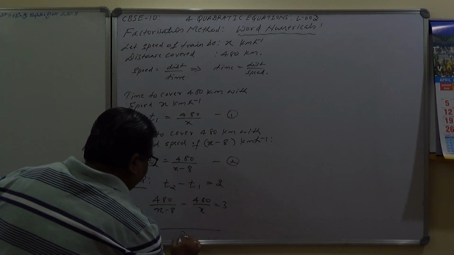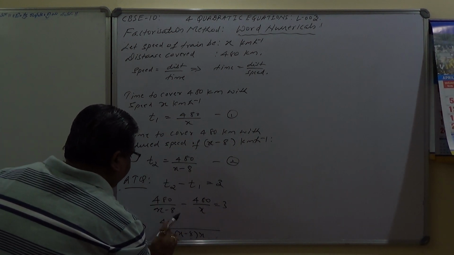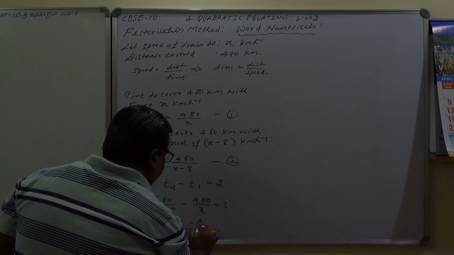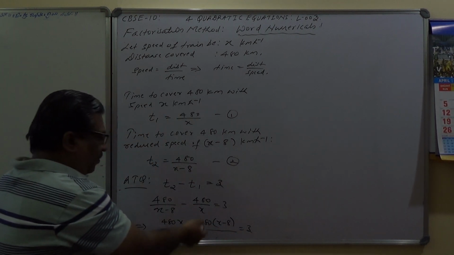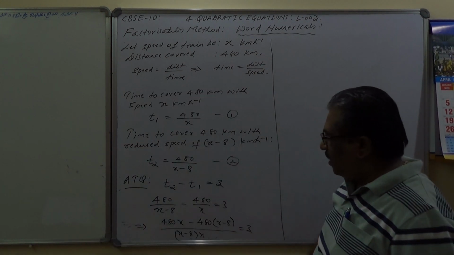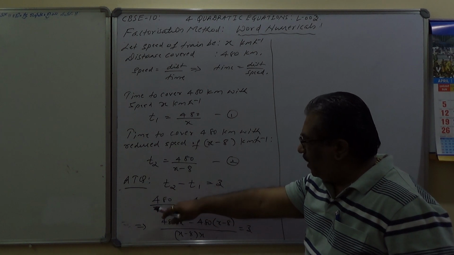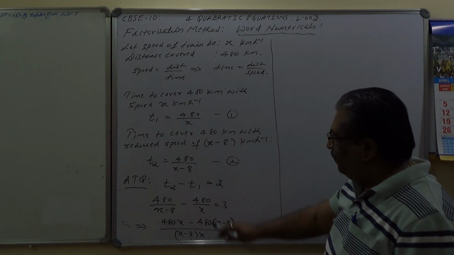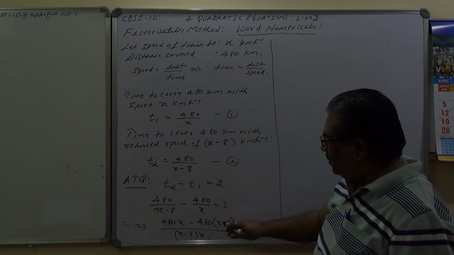What is the LCM? x minus 8 into x is the LCM. If I multiply this term by the LCM, x minus 8 cancels and 480x remains. Here, x cancels and 480 into x minus 8 will be on the numerator side.